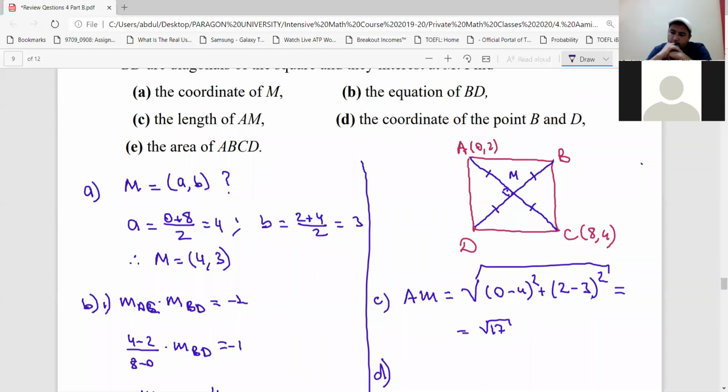B would have the same y-coordinate as A. No, Amir, actually, it's not drawn to scale. When you draw the coordinate system, we don't know that AB is parallel to the x-axis or that AD is parallel to the y-axis. Oh, okay, that's why we cannot use that fact, because it's not proved.